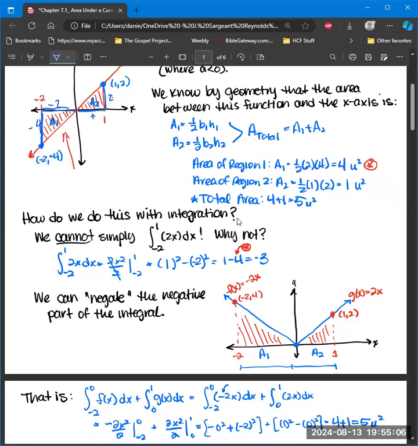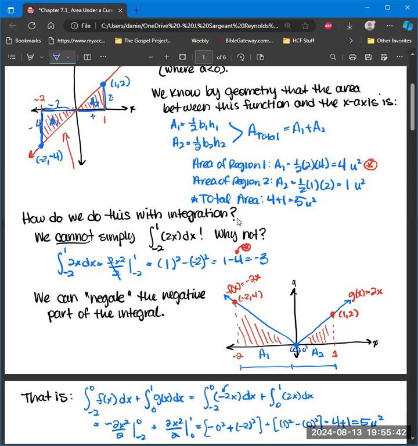To fix that, we have to change the sign of the function where it's going below the x-axis and make that negative, so that it looks more like an absolute value function. Now we have the function f of x equals -2x between -2 and 0, and the function g of x equals 2x between 0 and 1.